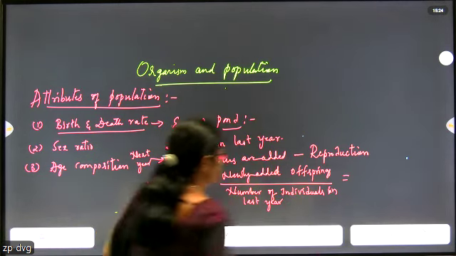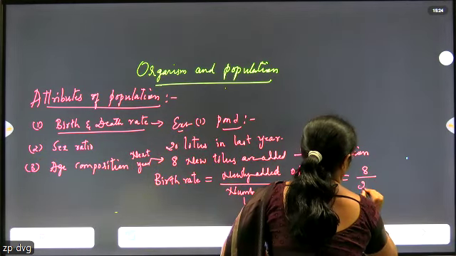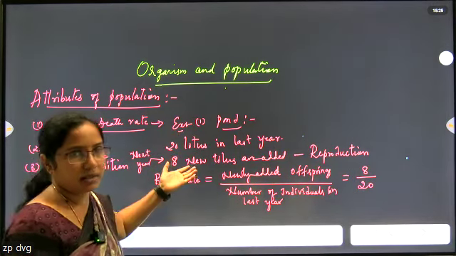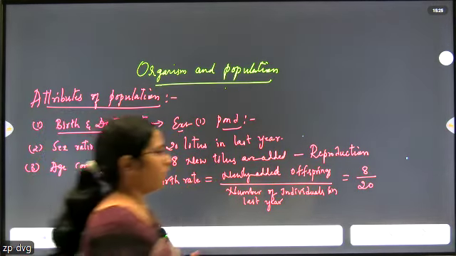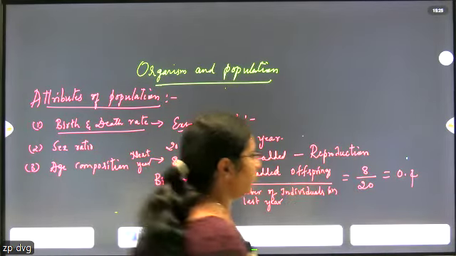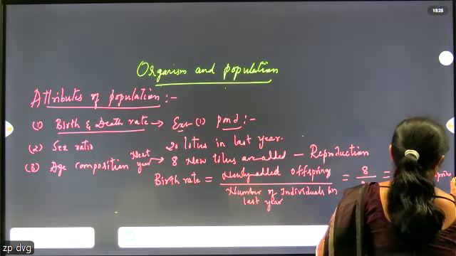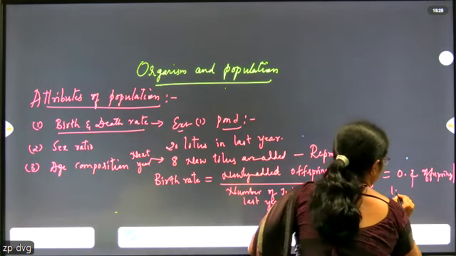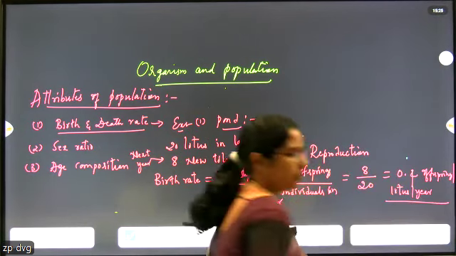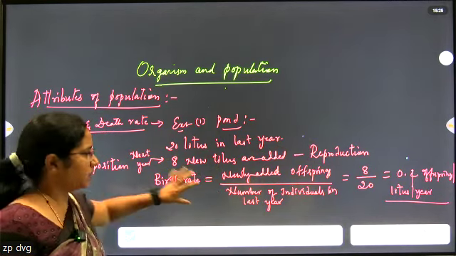As we know from the data, newly added offsprings are 8 and the total number of individuals in last year is 20. So it is 0.4 offsprings produced per lotus per year. This is the birth rate we can calculate by using this formula. This is about birth rate.